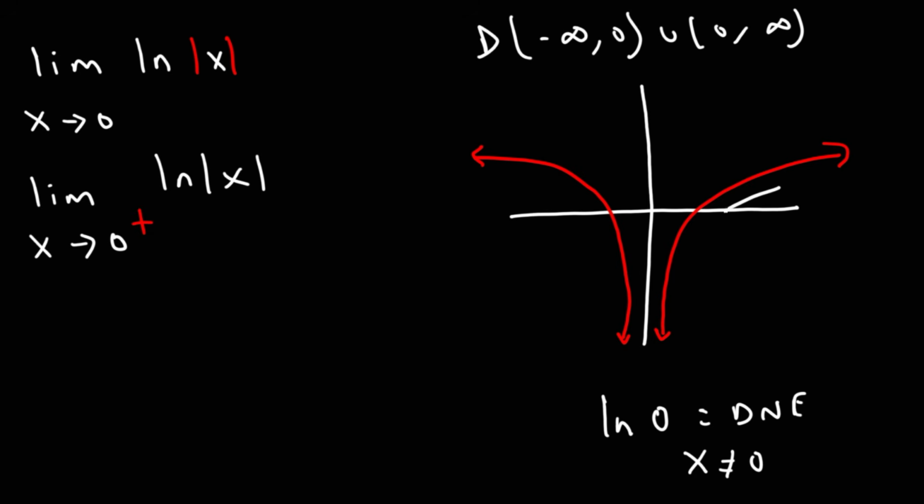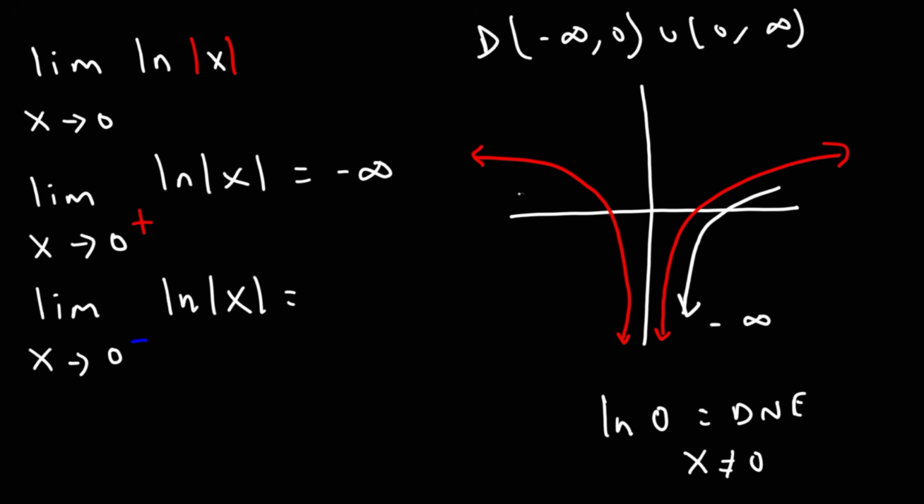So as we follow this curve and approach an x value of 0, notice that it goes down towards negative infinity. Now, if we check the left-sided limit, we're going to get a similar answer.